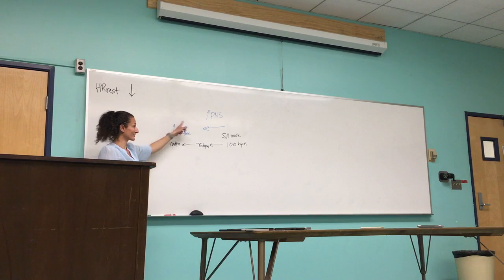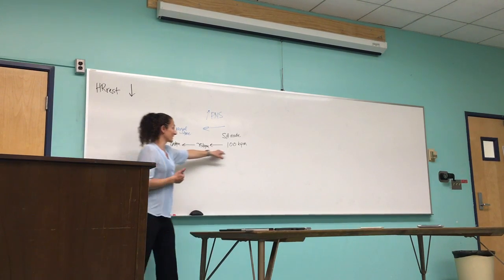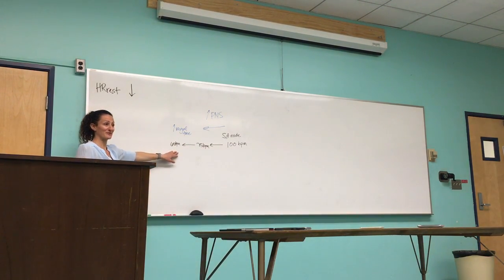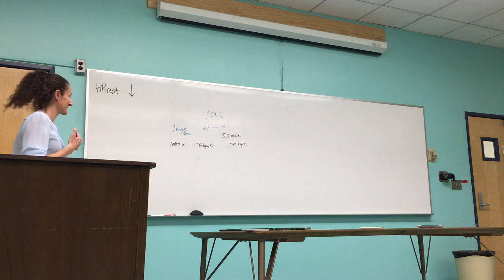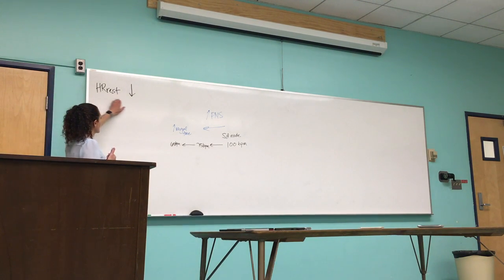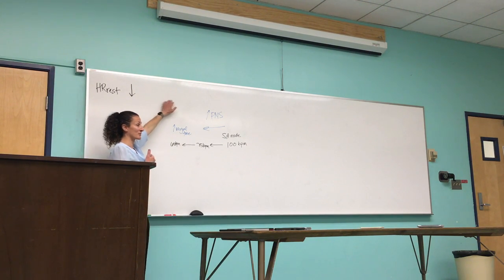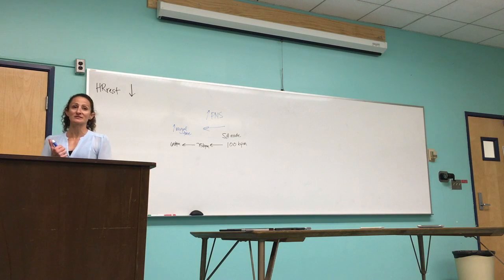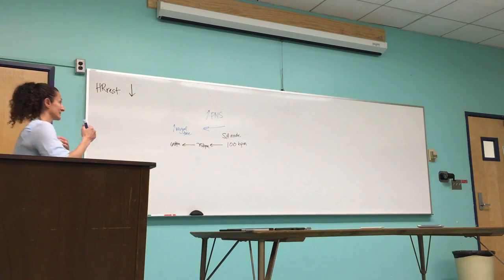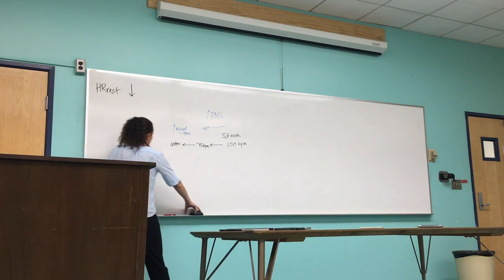You guys have got to start pulling this out of your brain. As soon as I drew this, you guys knew where I was going. Okay? I need you to try to access it before I draw it. Okay? So resting heart rate is lower in a trained person because their parasympathetic nervous system is more active. The vagus nerve is more active.